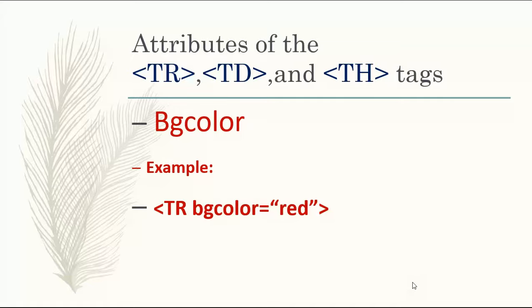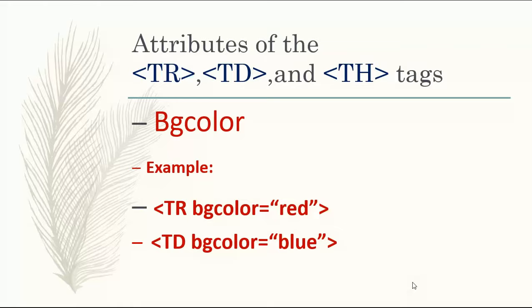If you want to apply BG color to a row, you have to write the TR tag, and within the TR tag you write BG color is equal to a color value. So the color name here is red. If you want to use it with table data, then BG color is equal to blue.